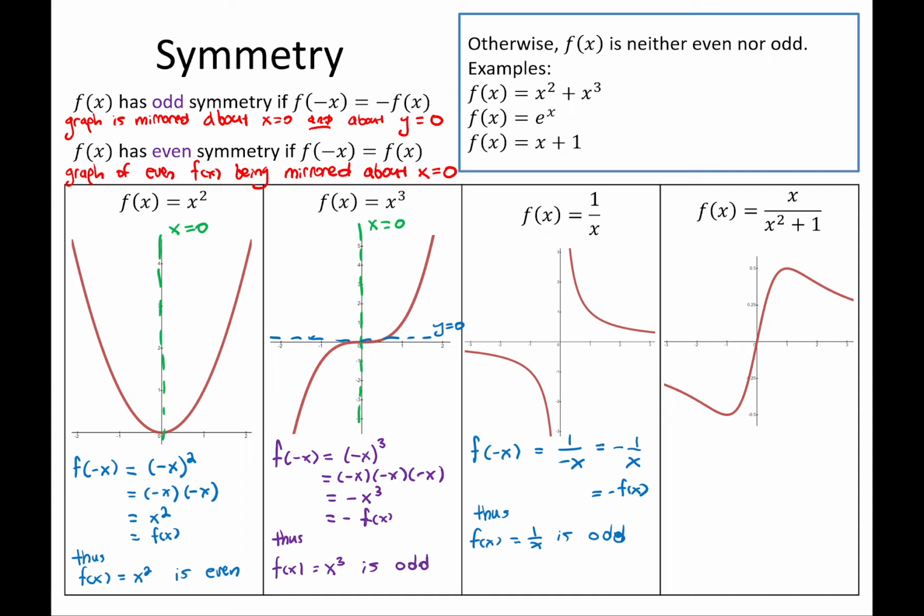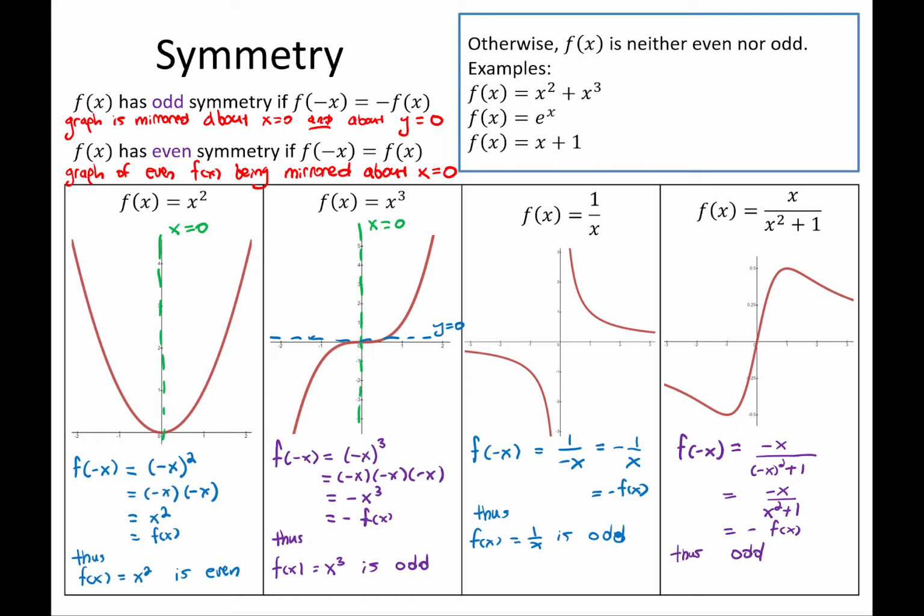Okay, then the last one here, x over x squared plus 1. Let's check if it's even or odd. f of negative x is equal to negative x over negative x all squared plus 1. So you get negative x over x squared plus 1, which is negative f of x, so odd.